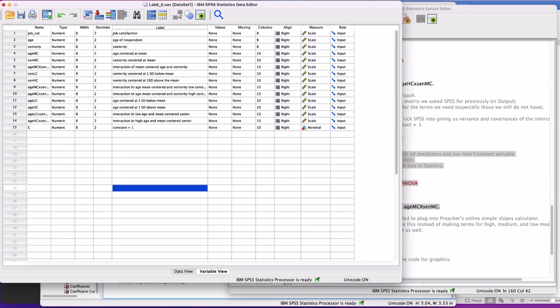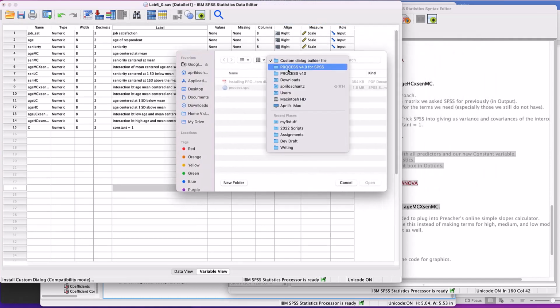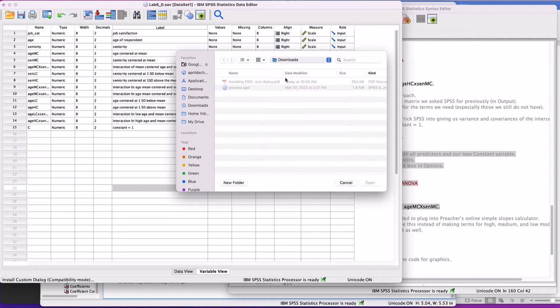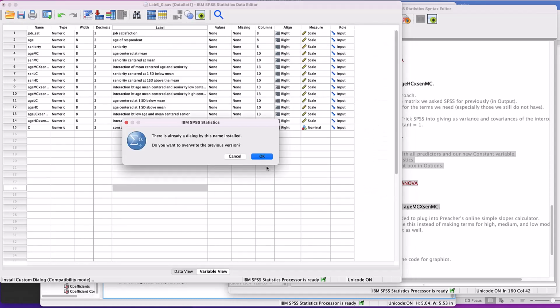Up in extensions, there's a side menu called utilities, and you follow that down to the last item that says install custom dialog. When you're there, you navigate to your downloads or wherever you put that file, go to your process folder, custom dialog builder, to the process SPD. When you open that, it's then ready to roll.